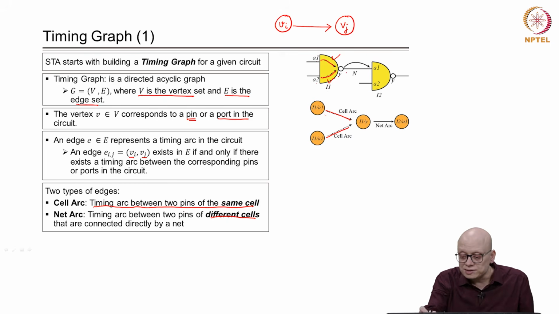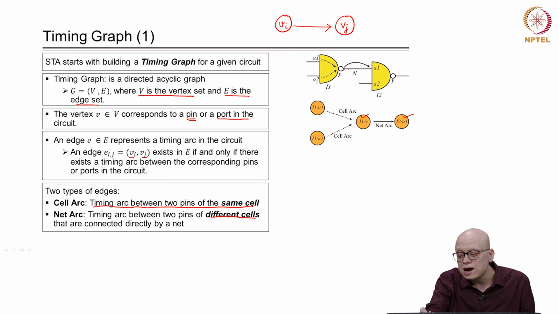Now, the signal that is generated at the pin I1 Y will propagate through the net N and it will reach the pin I2 A1. So, there is a timing arc also existing between I1 Y and I2 A1.